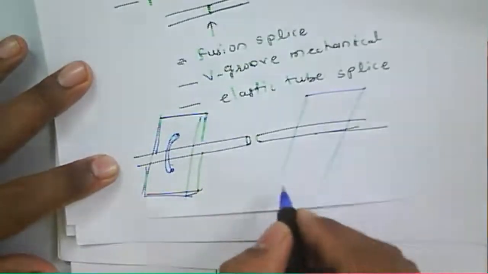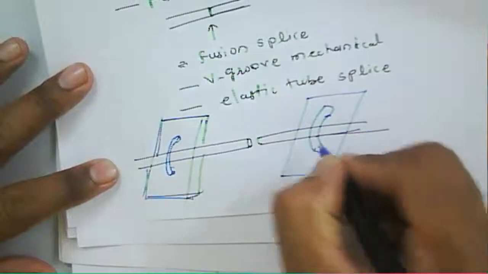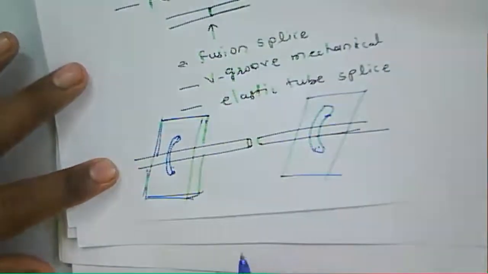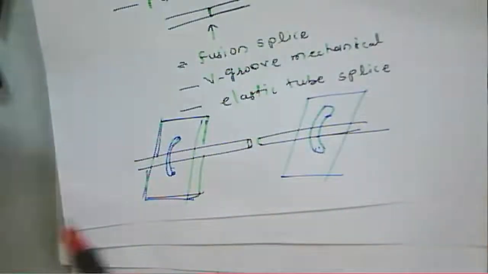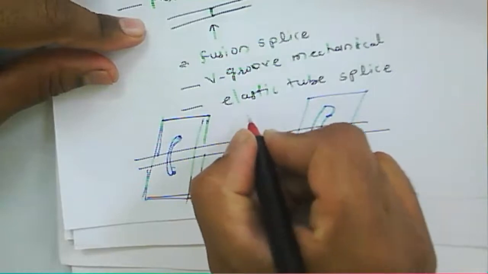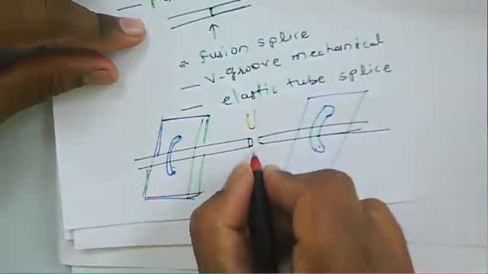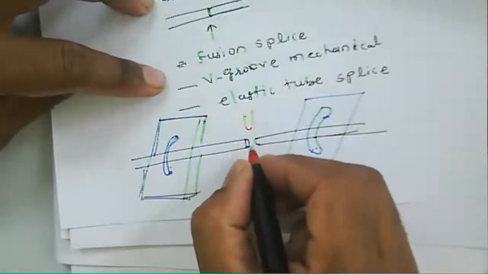Holding the fibers, we then apply the electric arc at this particular point so that it gets heated.